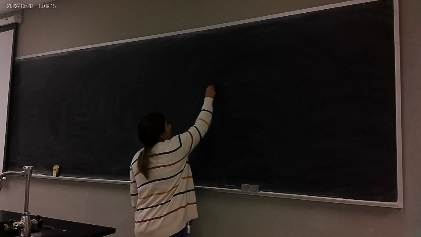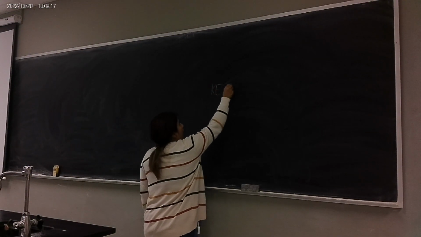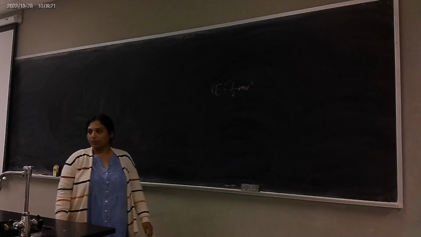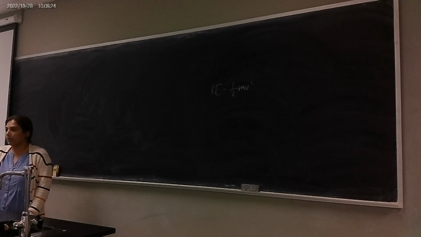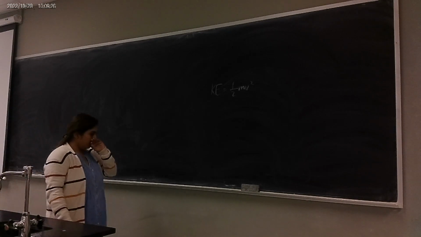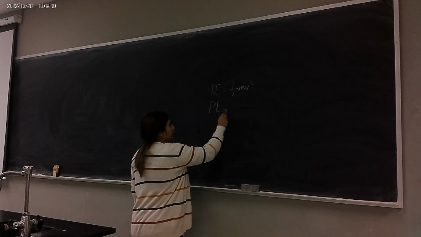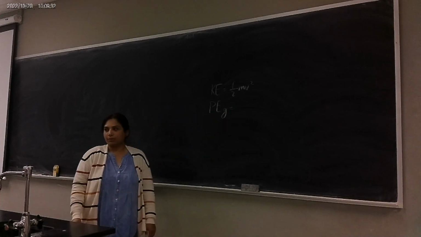Correct? There were two formulas introduced for kinetic energy and potential energy. Kinetic energy is equal to half mv square, right? Potential energy, we worked with the potential energy due to gravitation, correct?